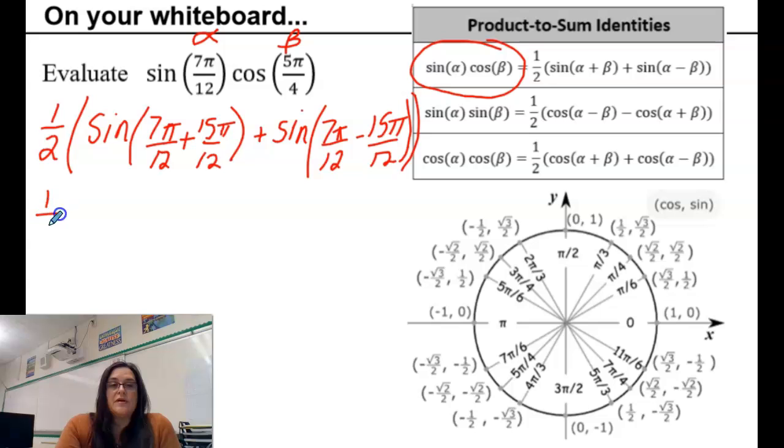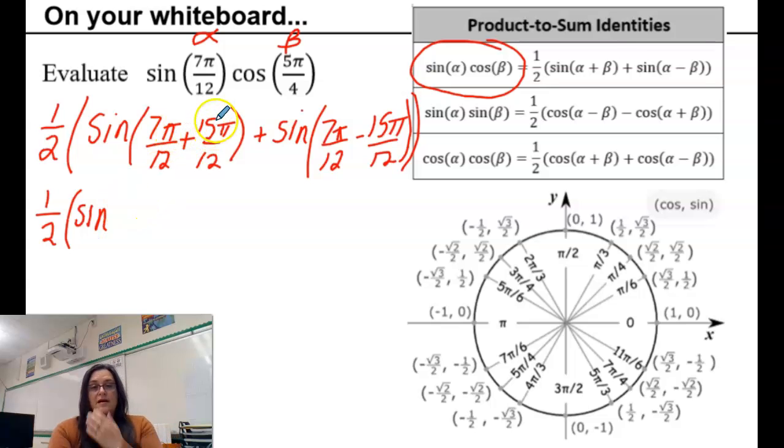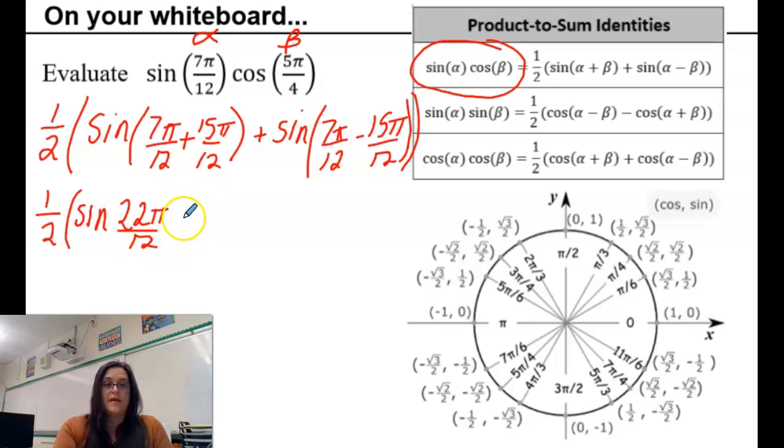Okay, so simplifying now, we have 1/2 times the quantity sine, and then 7 plus 15 is 22 pi over 12, and then 7 minus 15 is going to be a negative 8 pi over 12.